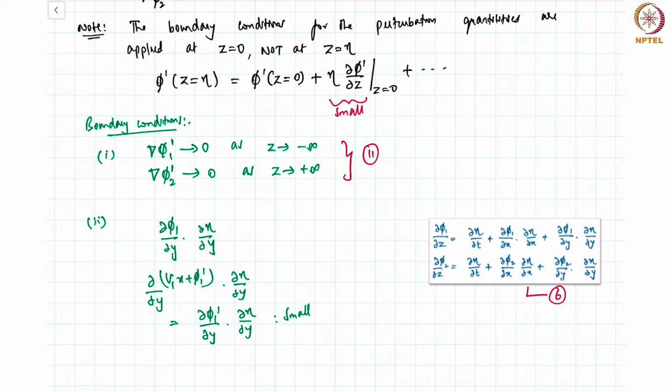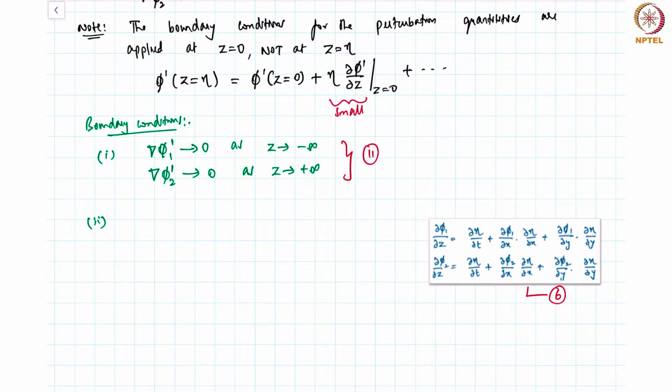And therefore, I can basically write down the kinematic condition for the perturbation quantities as follows. Only the linear terms will be retained. So I have del phi 1 prime by del z will simply be del eta by del t plus u1, u1 is the base flow, the uniform stream below the interface, times del eta by del x.